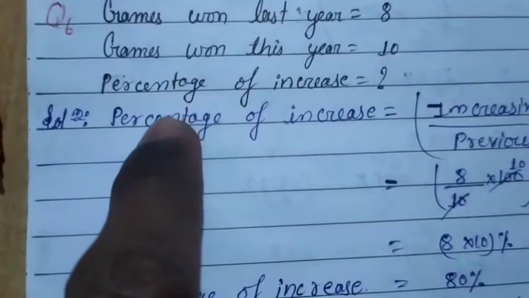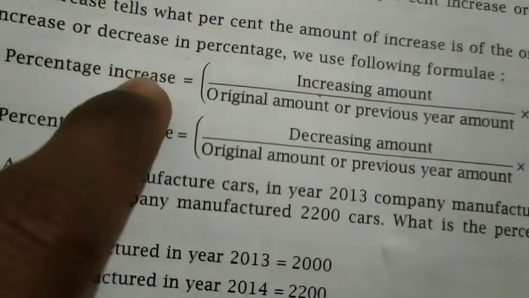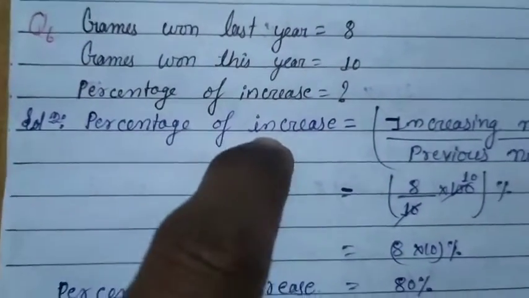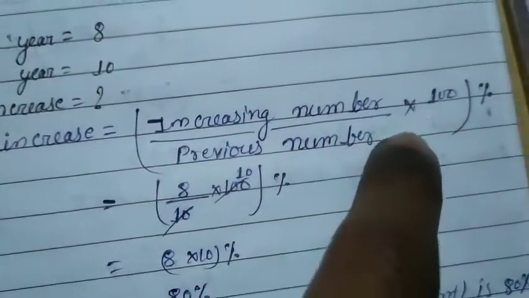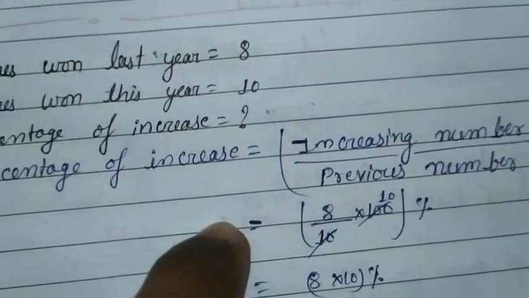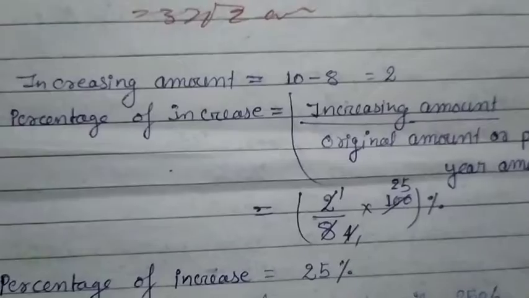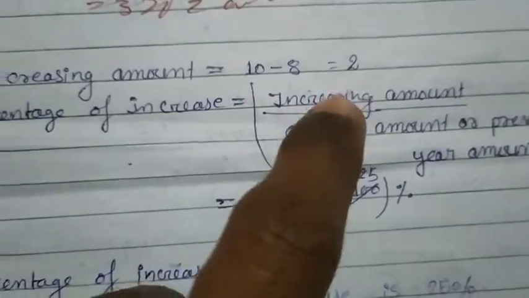Remember that when increase is related, it will be the increasing amount. So simply increasing amount upon previous number into 100 percentage. First we need to find the increasing amount, that is 10 minus 8, which is 2.